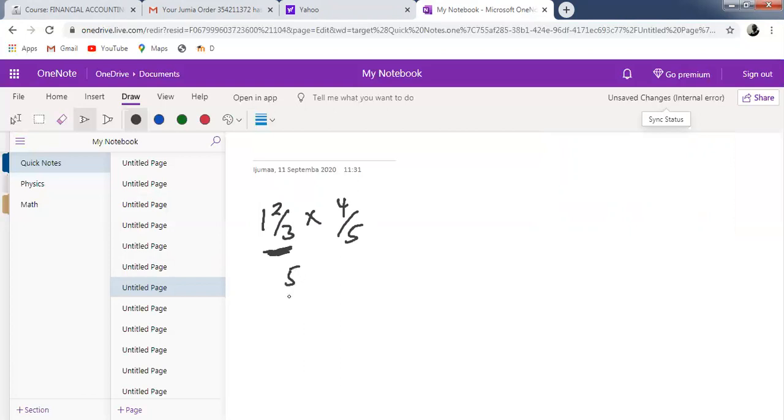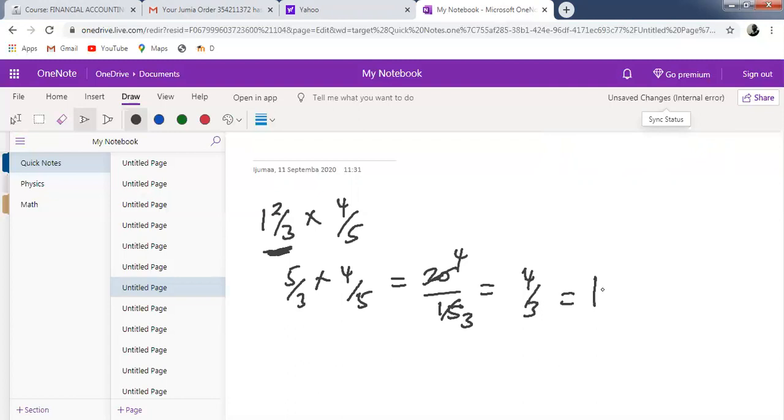So we shall have 5 over 3 times 4 over 5. This is the same as 20 over 15, which can be simplified. 5 can go here 4 times, 5 can go here 3 times, which gives 4 over 3, the same as 1 and 1 over 3 as the answer. So anytime you are multiplying a mixed fraction, first of all convert it into an improper fraction so that you can apply that particular concept.